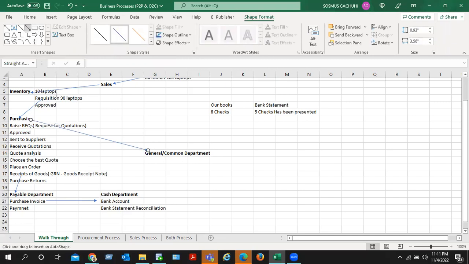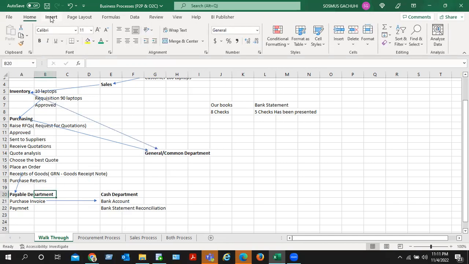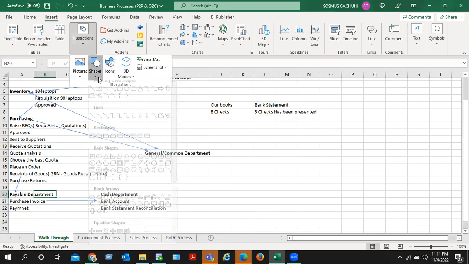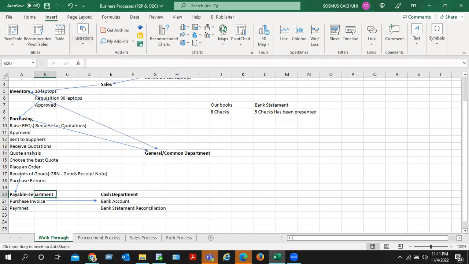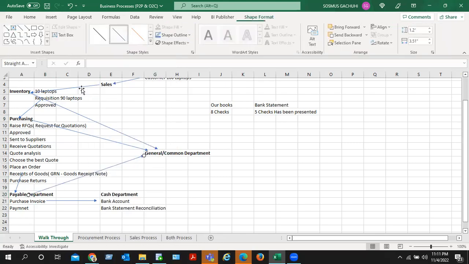Then from purchasing we have information from inventory. We have information also from the payables department, and of course we'll have information from the cash department.